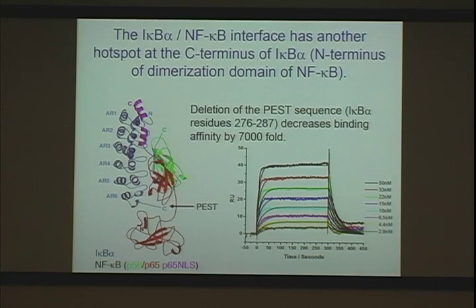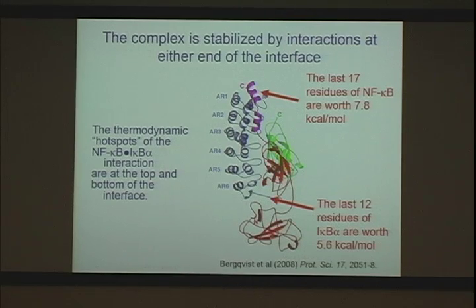All these data taken together point to the idea that the tight binding of this ankyrin repeat protein to its partner is essentially controlled by two very small regions of the interface, one at one end and the other at the other end, and that the whole big swath of surface area in the middle is essentially not important for the binding energy at all.